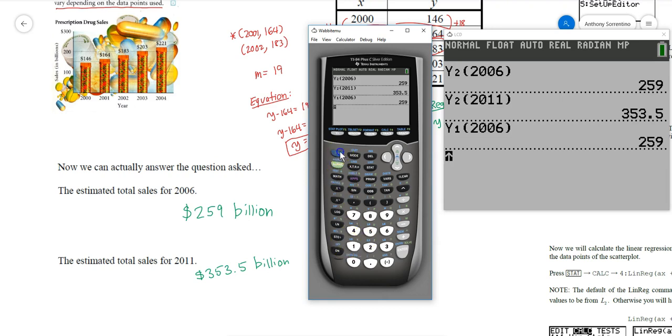And if I do 2011, that one's not very far off either. It's off by 0.5 billion. So as you can see, I shouldn't expect major differences, since the data is close to being linear, between a line of best fit that I come up with by picking my own points, or the line of best fit that is made by the calculator by finding the one that fits all the points the best. That's how you do it by hand as well as on the calculator.